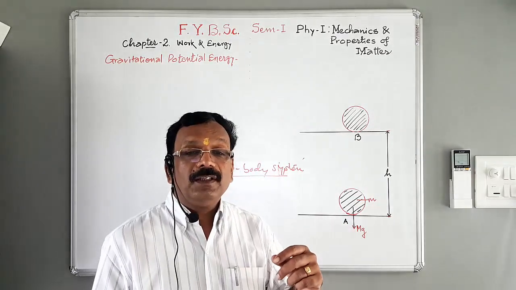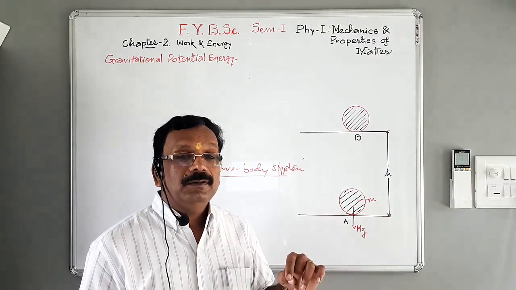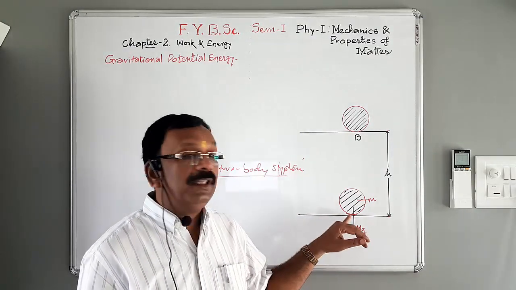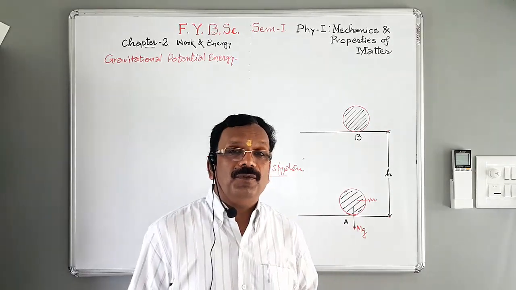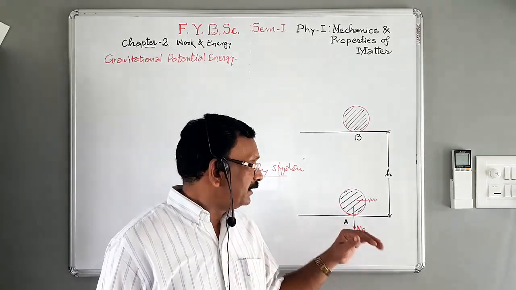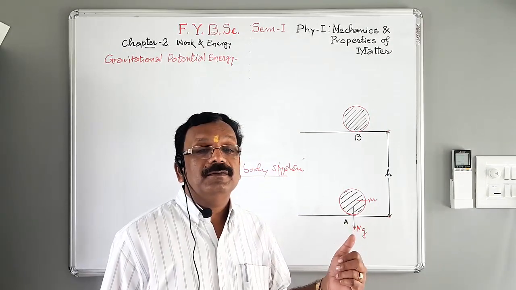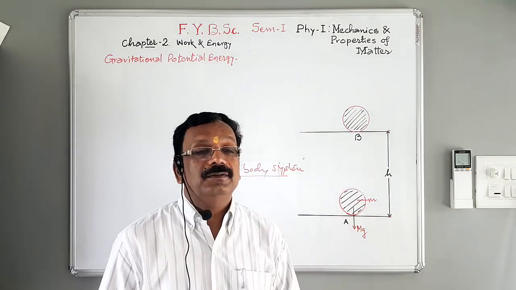The force acting on the body at point A is the gravitational force, that is mg. It acts downward, toward the center of the earth.